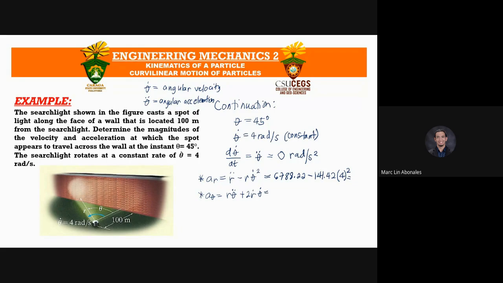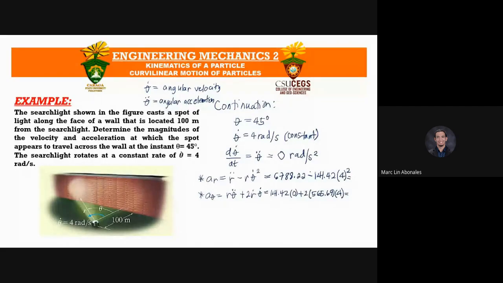And then for the second, that is 141.42 times 0 plus 2 times 565.69, if I'm not mistaken, times 4. And what would be our value for the transverse component?